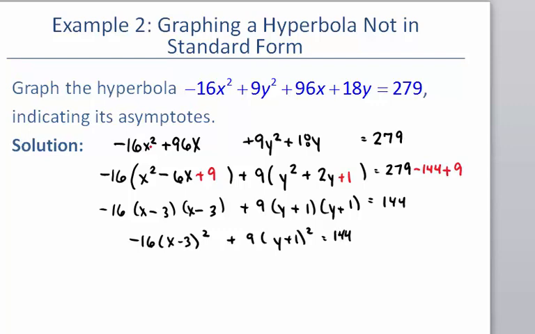Remember that in standard form for your hyperbola, you need it equal to 1. And so the way to make this equal to 1 is to divide it by 144, but if you divide one term by that number, you need to divide all terms by that number. So when we reduce 16 over 144, we get negative 1 over 9. When we reduce 9 over 144, we get 1 over 16.